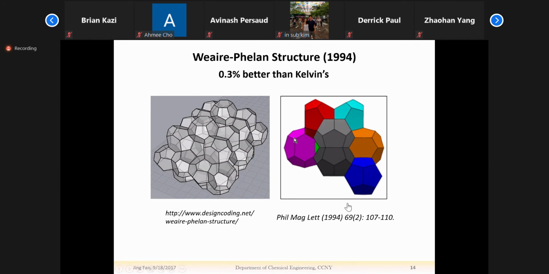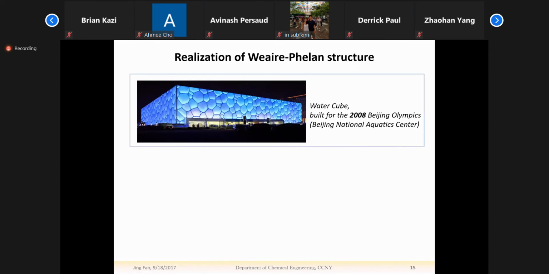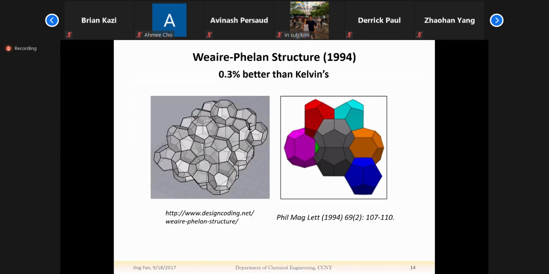And this group of 8 cells forms a periodic unit that just repeats. So actually, this Weaire-Phelan structure is better than Kelvin. It's proved it's better than Kelvin.